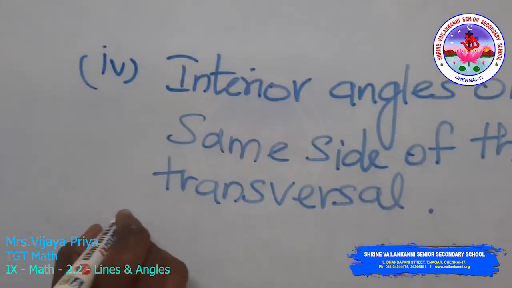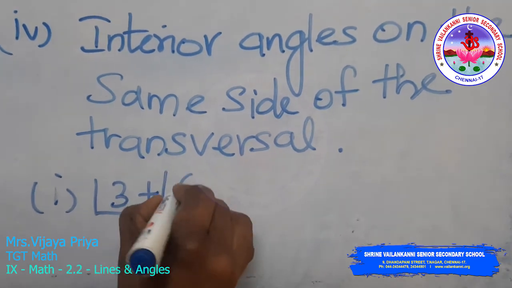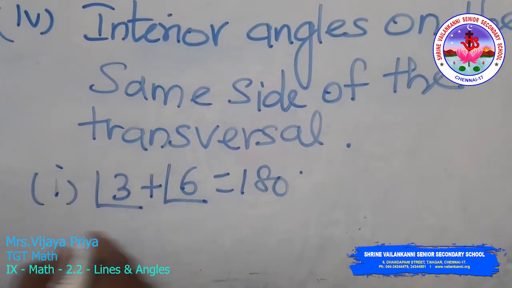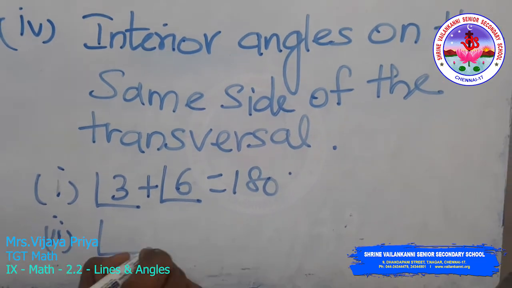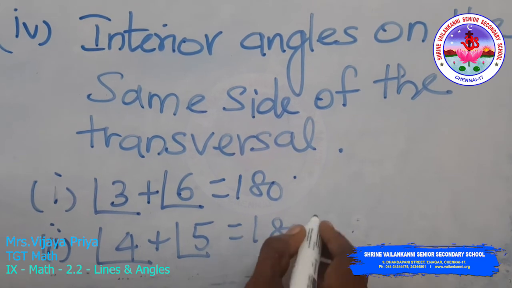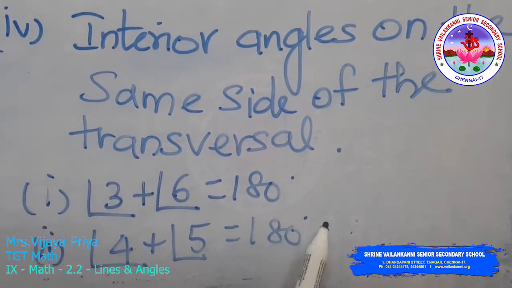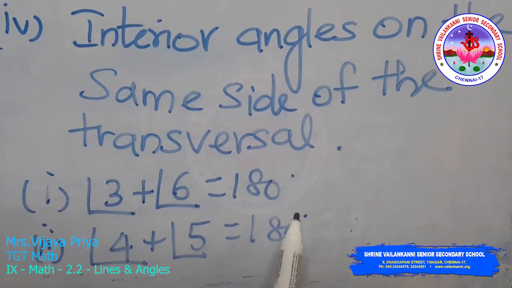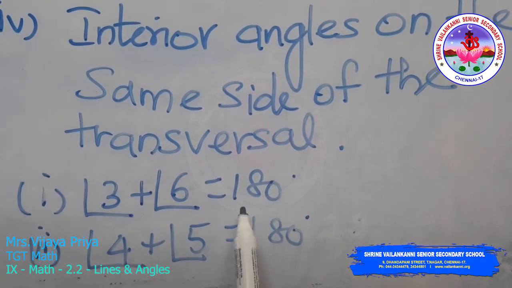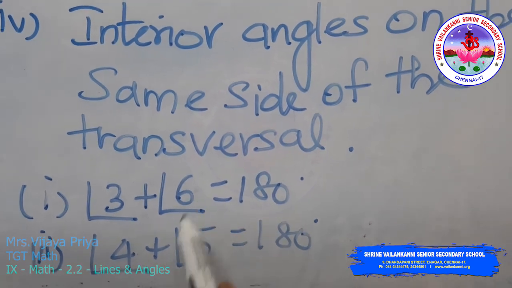So angle 3 plus angle 6 is equal to 180 degrees, and the other pair, angle 4 plus angle 5, is equal to 180 degrees. Thus, I have stated that corresponding angles are equal, alternate interior and exterior angles are equal, and co-interior angles have a sum equal to 180 when parallel lines are cut by a transversal.